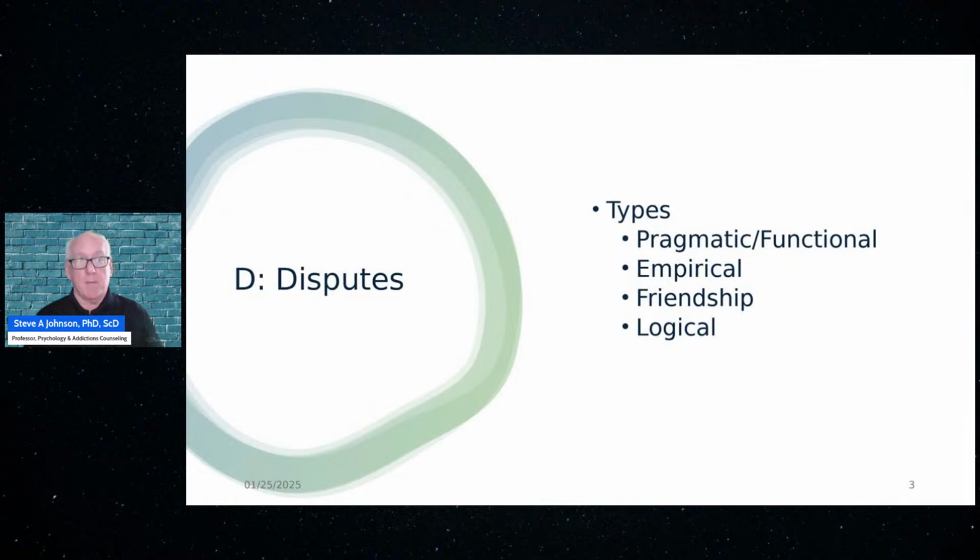And so what we do next in REBT, so take a step back. When clients come in, they typically will come in with, in their presentation, an activating event. You'll never believe what just happened to me. You'll never believe what happened this week. Oh my gosh. So that would be an event.